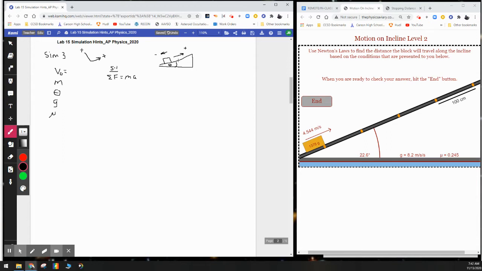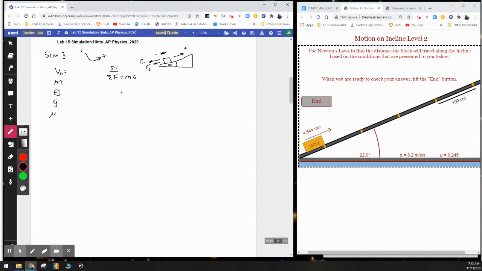As it goes up the ramp, there's a force parallel, which always acts in this direction. But since it's moving in this direction, we also have a force of friction acting in this direction as well, and it's going to be negative.